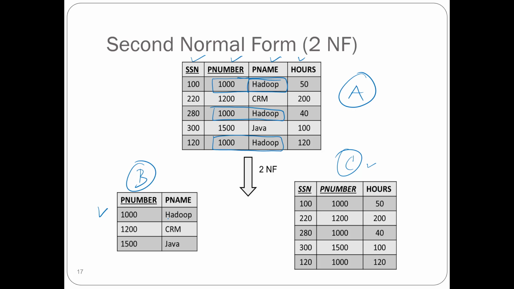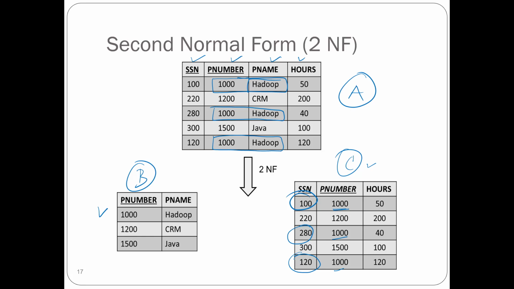Now we don't have much redundancy. Here you would say, okay, P number 1000 is repeated 3 times. That is because we have 3 employees: one with SSN 100, another with SSN 280, and a third with SSN 120. This repetition we cannot avoid because there are 3 employees working on that project.